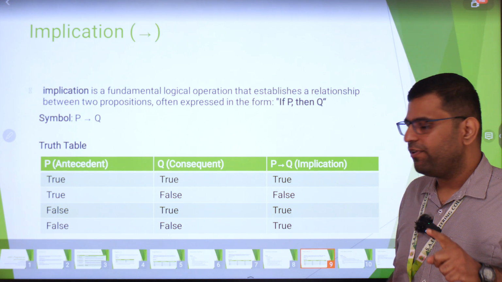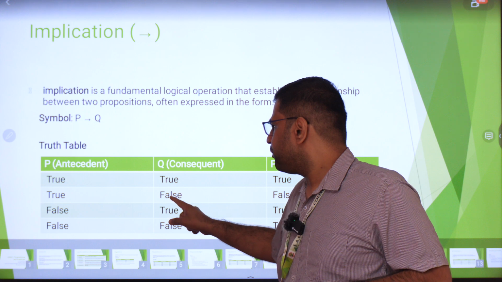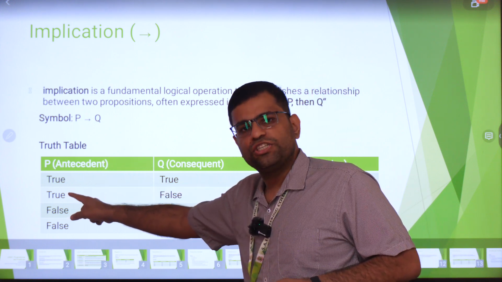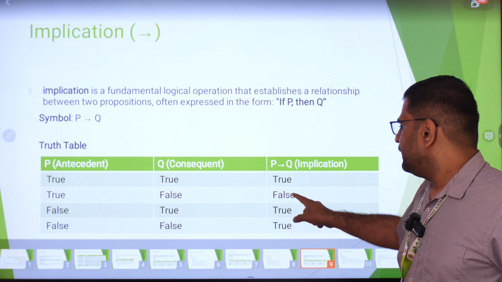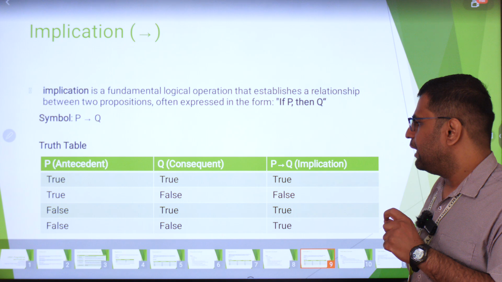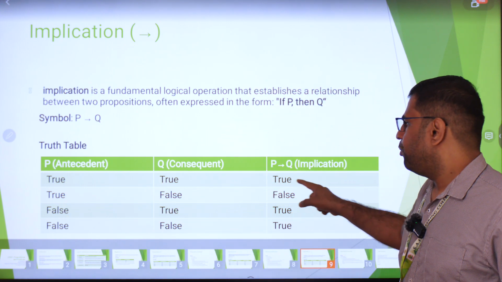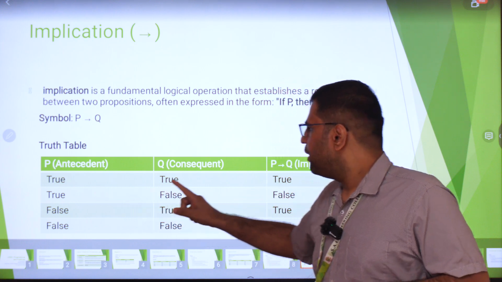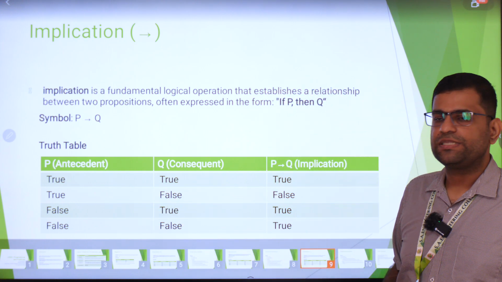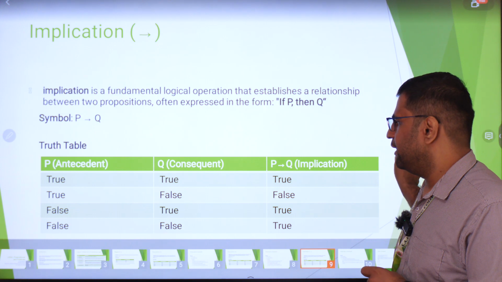Only if the antecedent is true and the consequent is false does the expression become false in implication. So the only time it is false is this row, where the antecedent is true and the consequent is false.